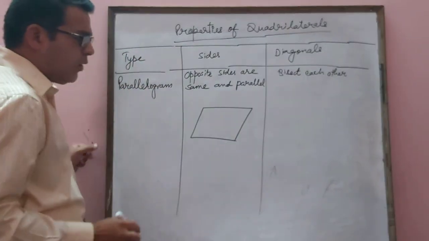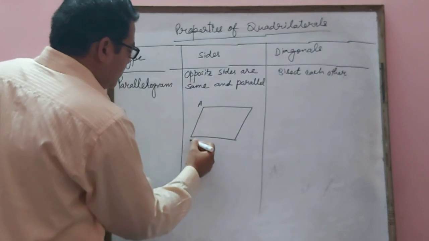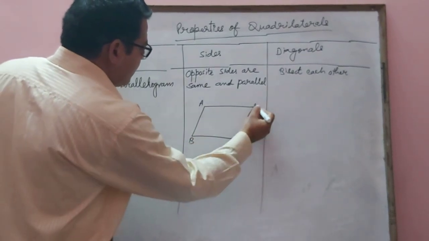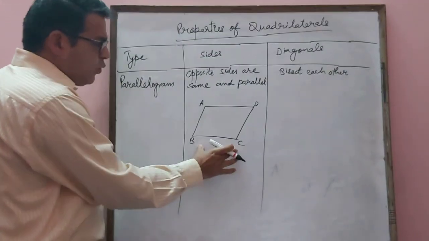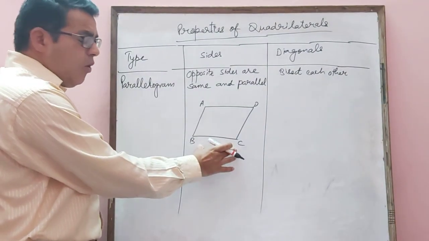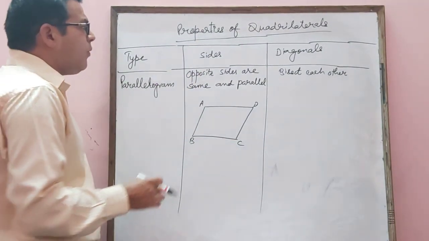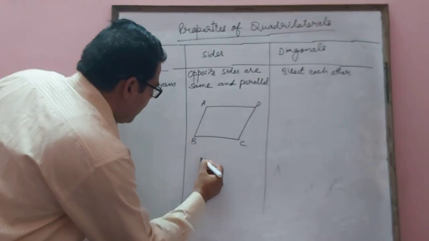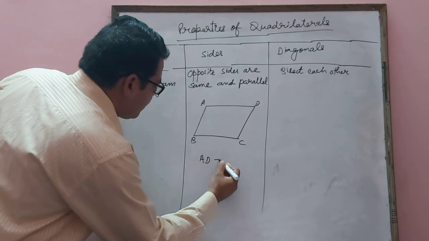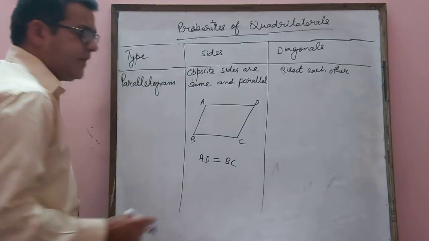So this is an example of a parallelogram. This is A, suppose this is B, this is C, this is D, right? So according to the definition of a parallelogram, opposite sides are equal. So we can say that AD equals BC.